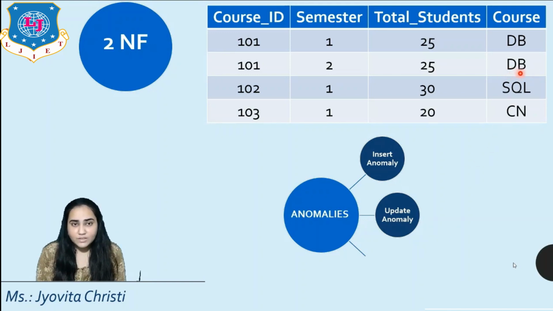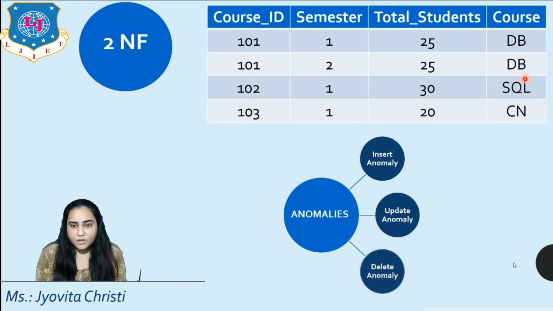And in a real world scenario where you have so many rows, you would have to make that same change several times, not just twice. So this is the update anomaly: if you want to change something in the table, then because of the redundancies, you have to do that change several times in the table.